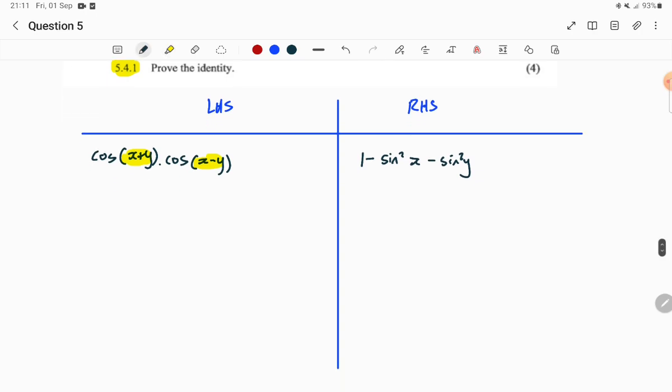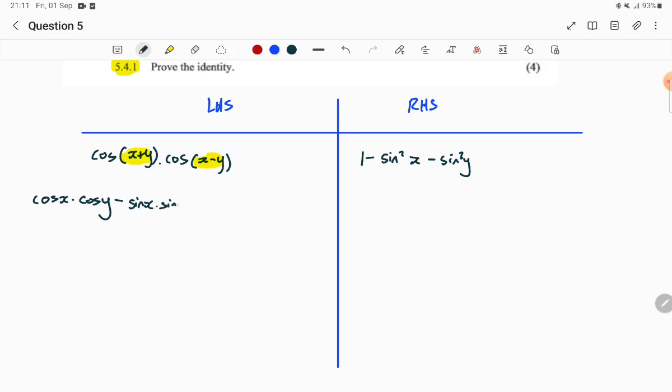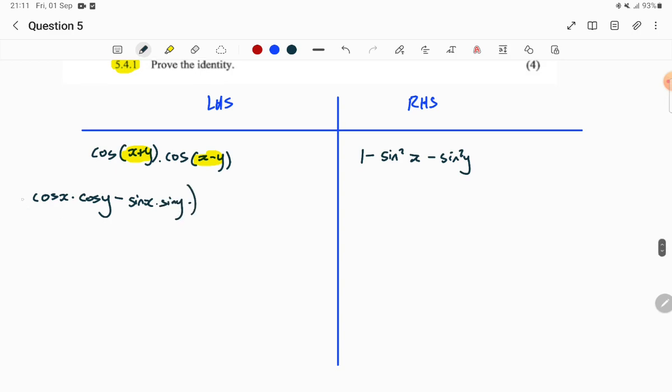So let's go ahead and expand it, starting off on the left-hand side. Firstly, we will have (cos x cos y − sin x sin y) in brackets, multiplied by (cos x cos y + sin x sin y).